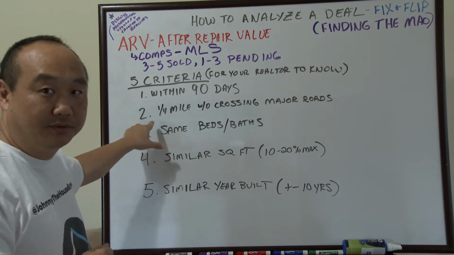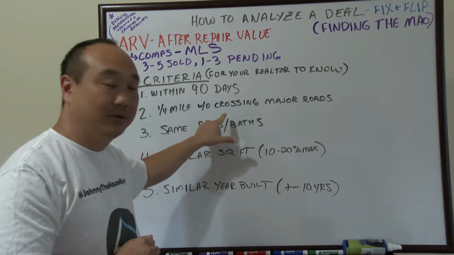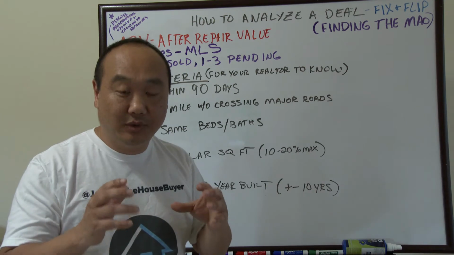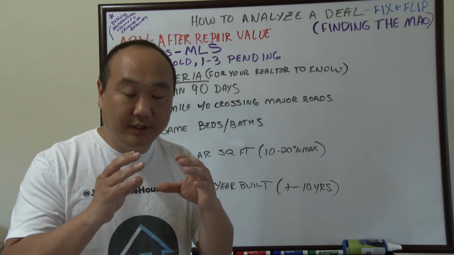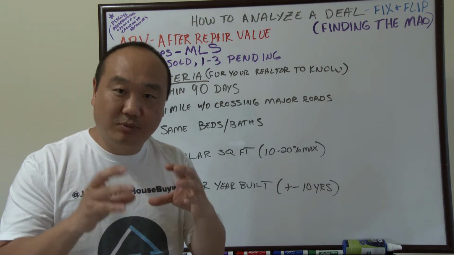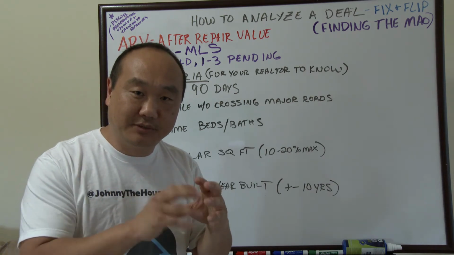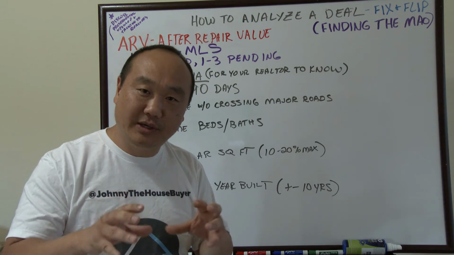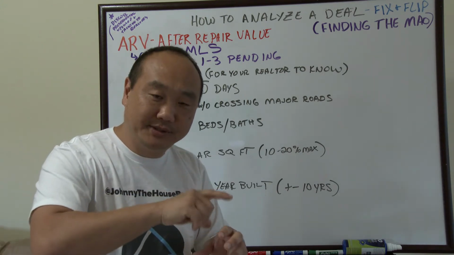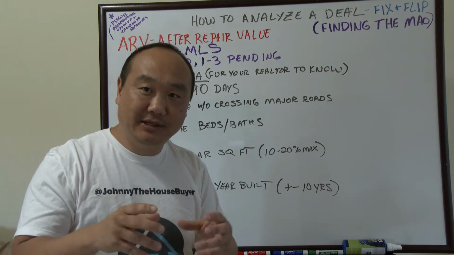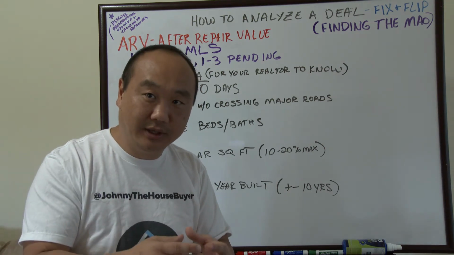Number 2, a quarter of a mile without crossing a major road. Okay, so really, you want to know the closest proximity to the house, to your subject house. That means what has been sold and what is selling that's really close to your house. Ideally in the same neighborhood, okay?